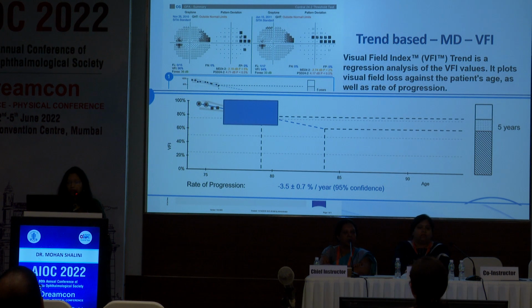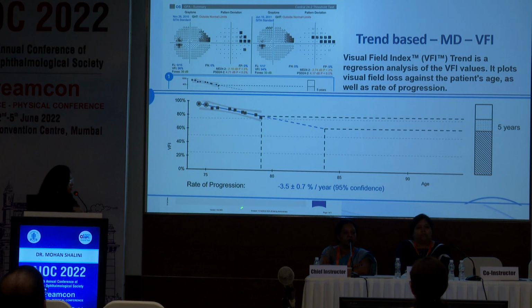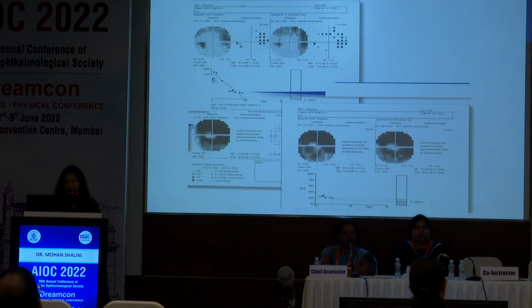But what is happening over a period of time, that is what trend-based analysis says. Over a period of time, you see that yes, the patient is gradually and slowly progressing, and this is the rate of progression given by trend analysis. So this is the problem with event-based analysis, that if you compare with just one visual field, you are likely to miss something which we can get in trend-based analysis.